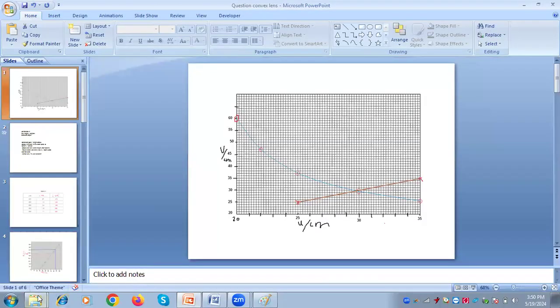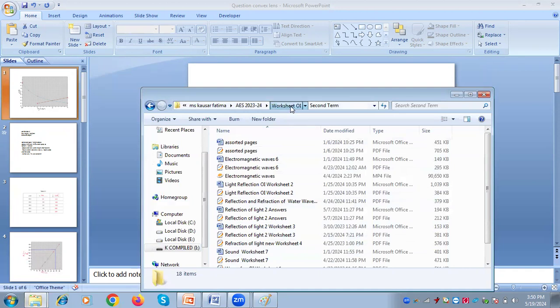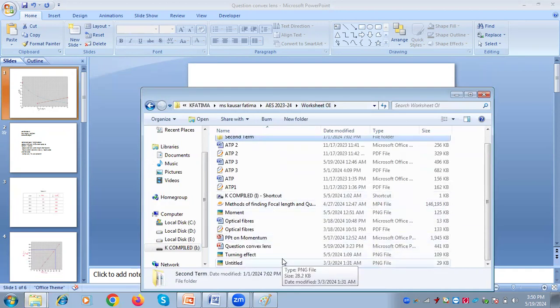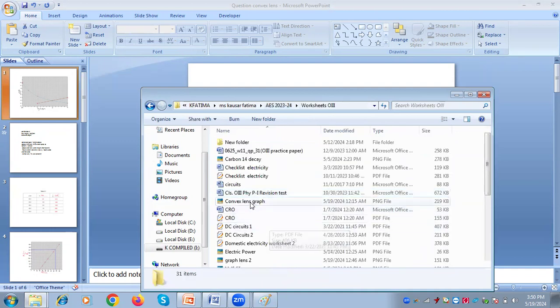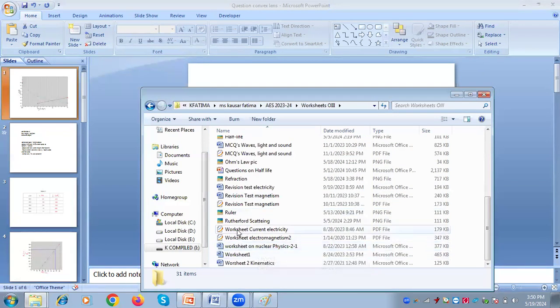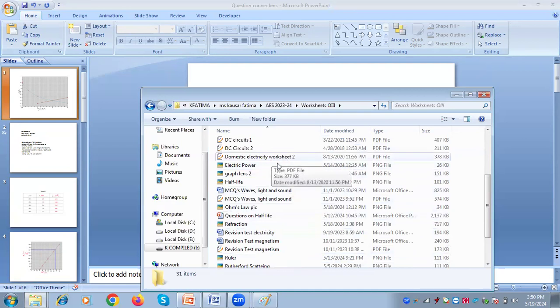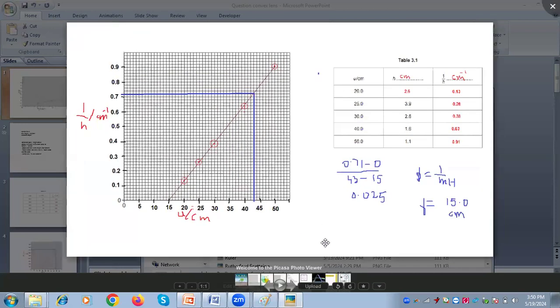Let us see, I wrote these values somewhere. Let me check, where did I write? This is not that graph.